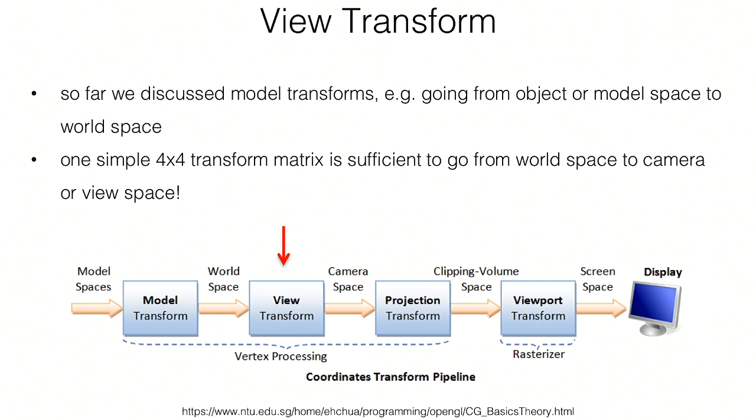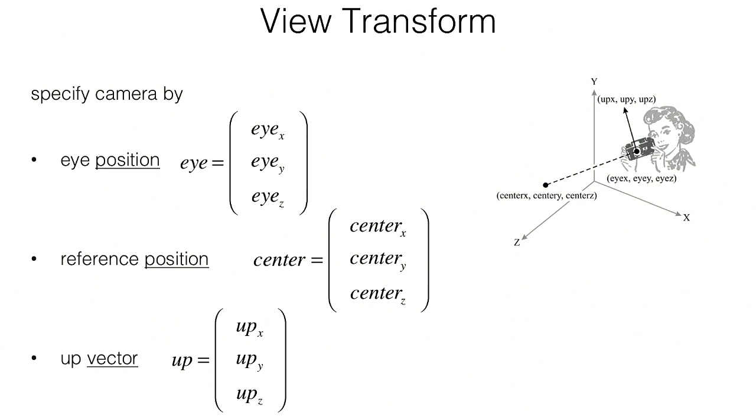What this allows us to do is rotate everything in the world around this camera, and after we perform this transform, we look down the negative z-axis, which I'll show you later. An abstraction that is commonly used is defining three vectors to define the position and orientation of a camera.